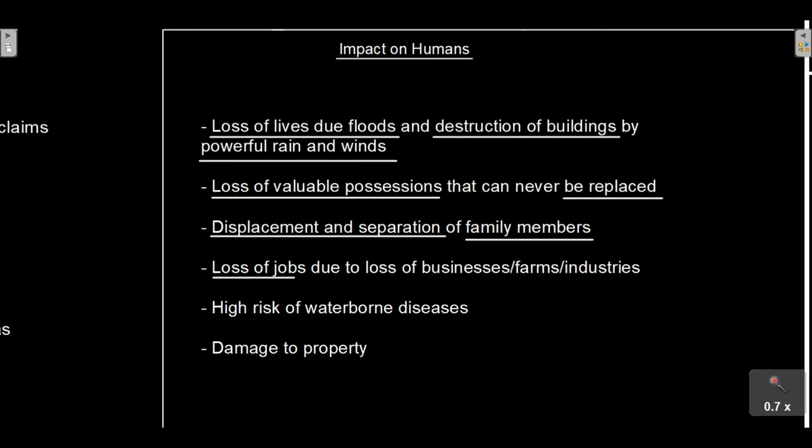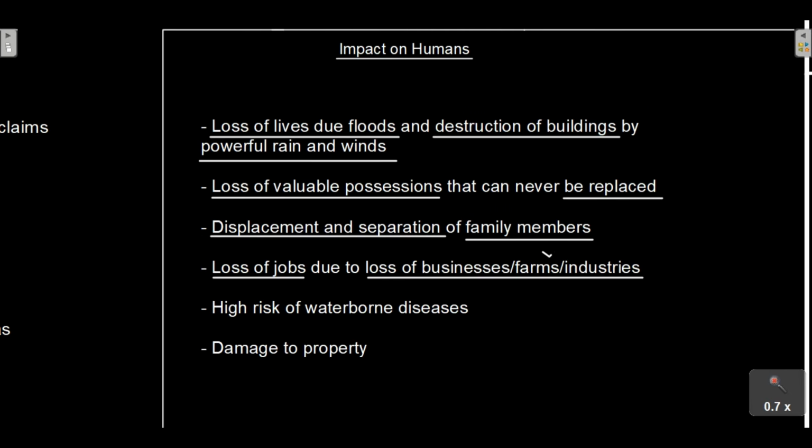We see loss of jobs due to loss of businesses, farms, industries. So tropical cyclones do not choose when it comes to destruction. They can destroy any type of building if the right materials are not used. And so a lot of businesses suffer a lot because they lose their capital, they lose everything, their equipment that they used to operate.